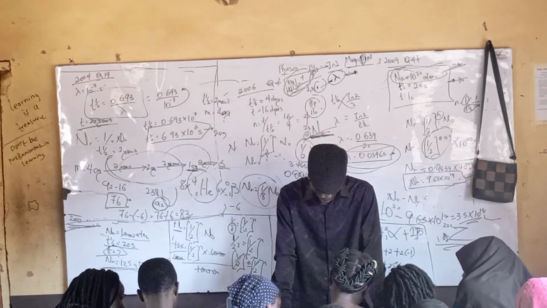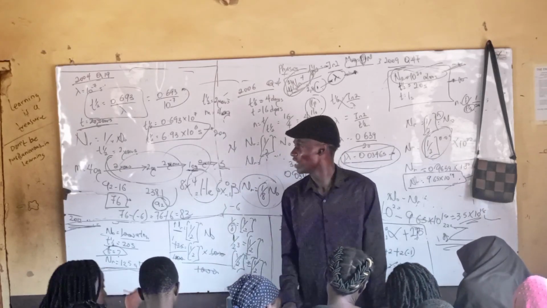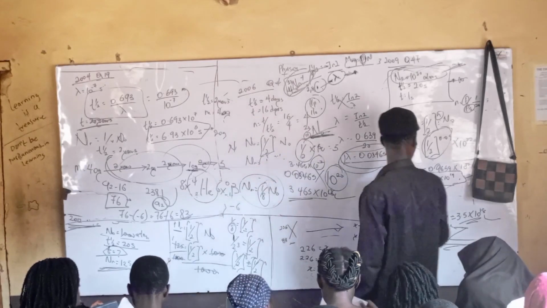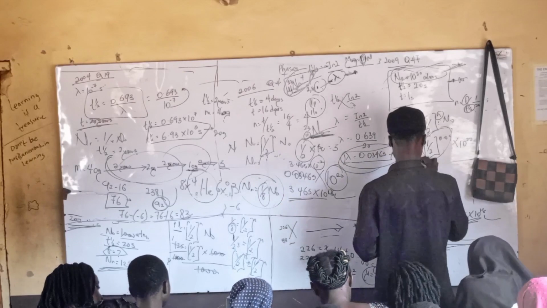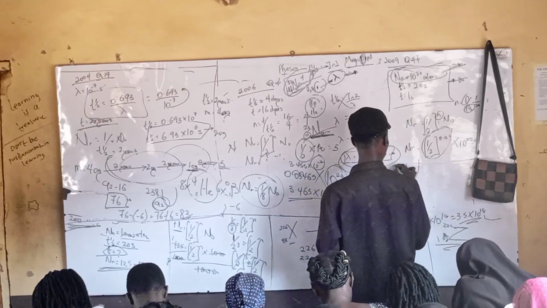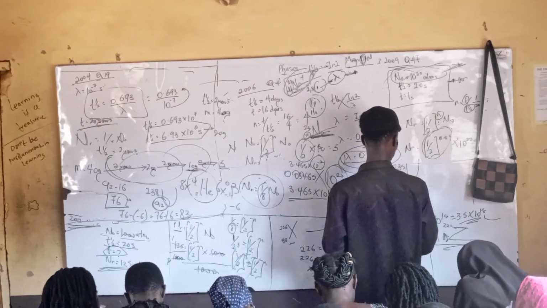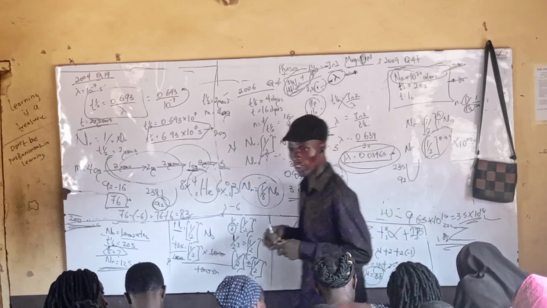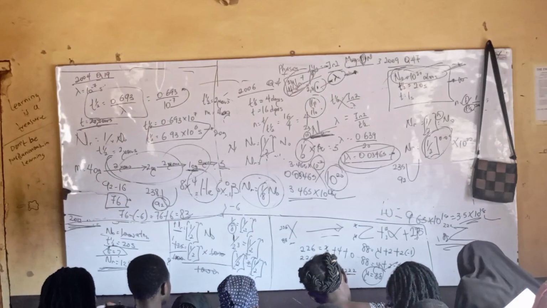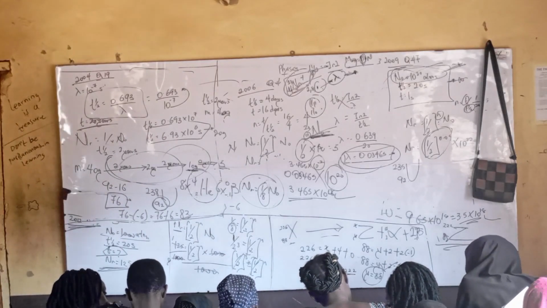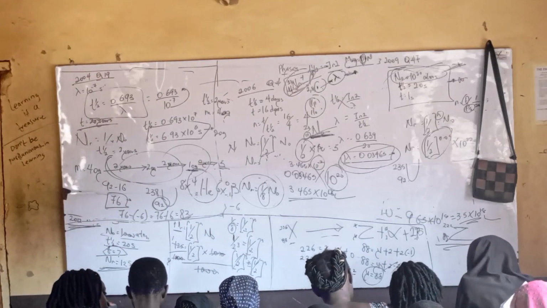A certain radioisotope of symbol U, uranium, mass number 235, atomic number 92, emits 4 alpha particles and 3 beta particles.